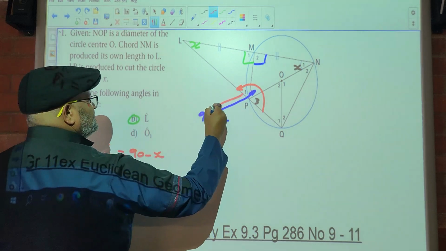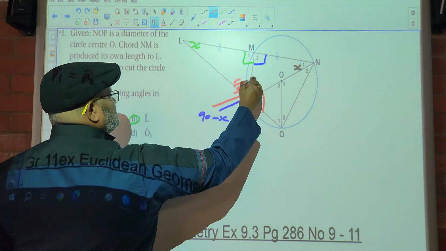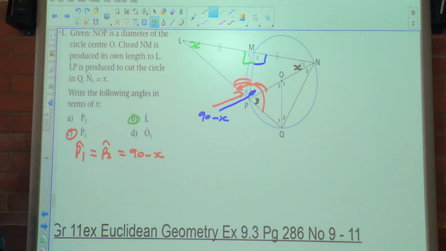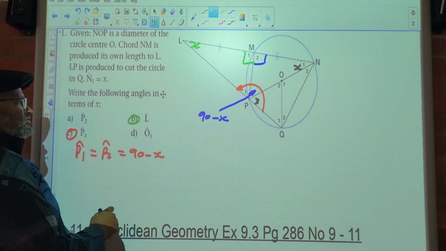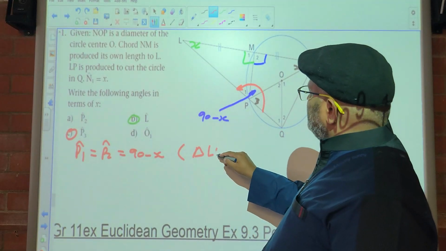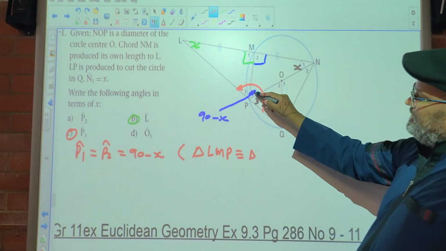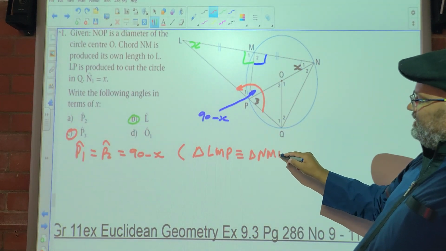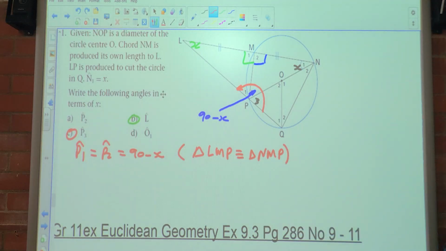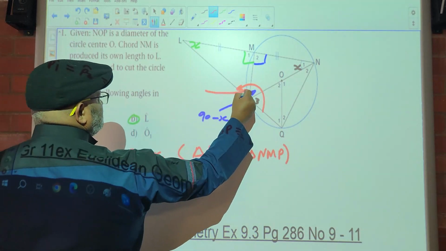Why is that the case? Why is this angle equal to this angle here? Because the two triangles are congruent, and that's hence my reason there as well. Why? Because triangle LMP is congruent to triangle NMP, or you can say proven above. So it's going to be 90 minus x.